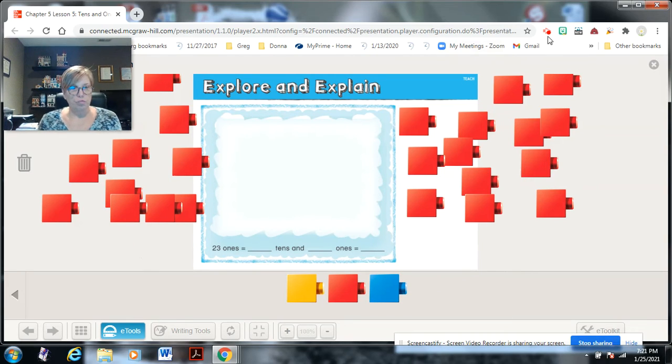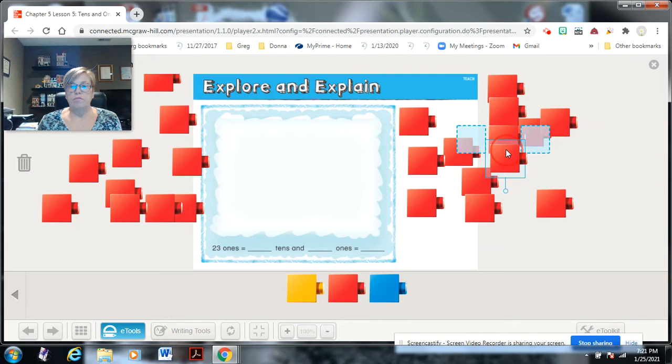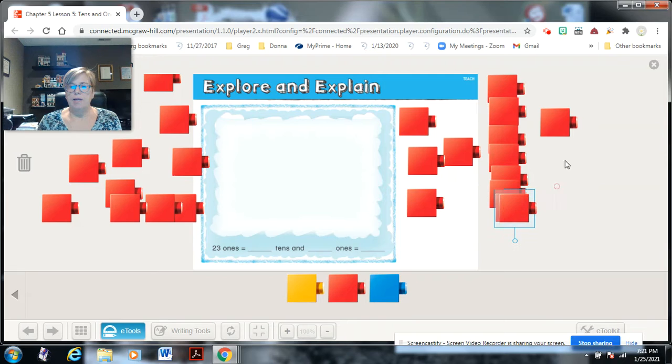Okay, so now we have to group into 10. You can clip yours together. I'm going to just do mine this way. 1, 2, 3, 4, 5. Oops, it's stuck. 5, there we go. 6, 7, 8, because we know how this gets, right? 9, it won't let me go down too far. 10.